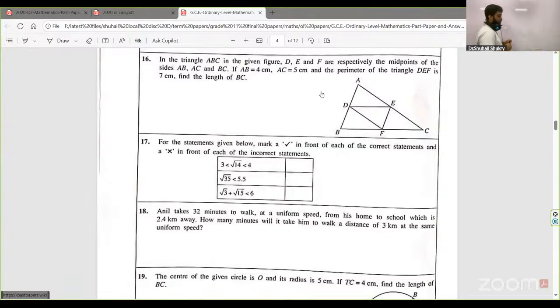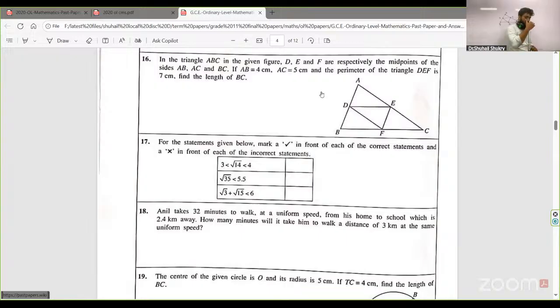So they have given a triangle like this. In the ABC triangle, this D is a midpoint, E is a midpoint, these both are midpoints, and this is F.